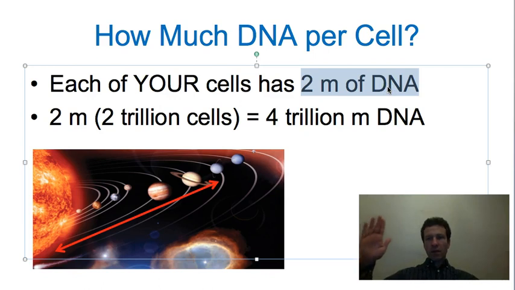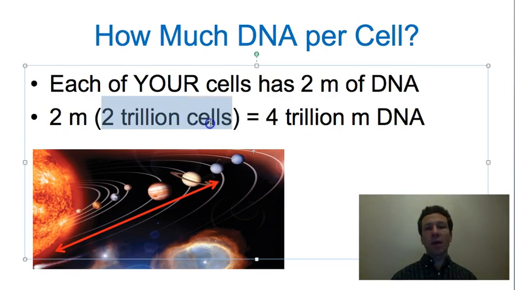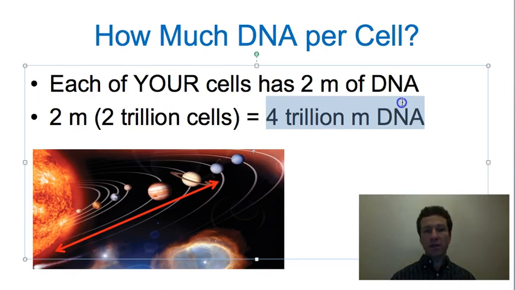If you imagine a meter is longer than I can fit on the screen here, double that and we're up to 2 meters. But remember also that your body has trillions of cells. And so if each cell has 2 meters of DNA, and you have somewhere around 2 trillion cells in your body, that means you have about 4 trillion meters of DNA.